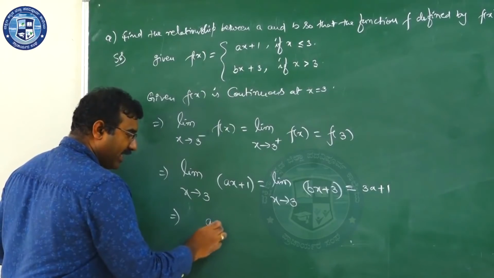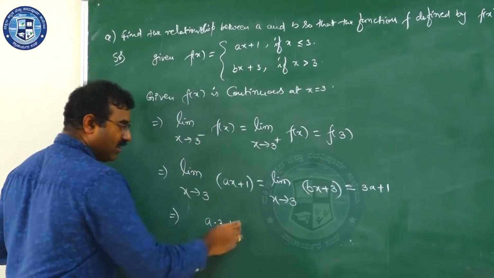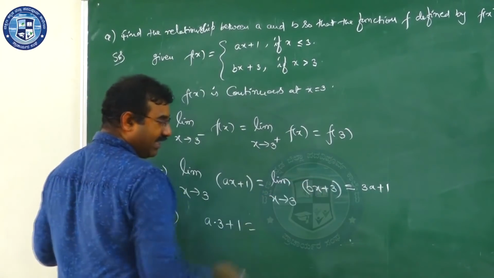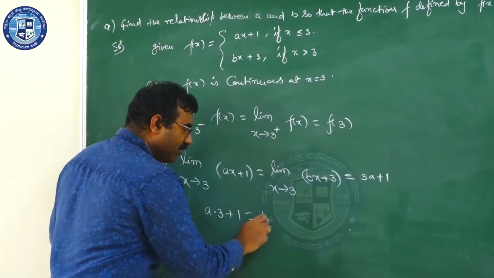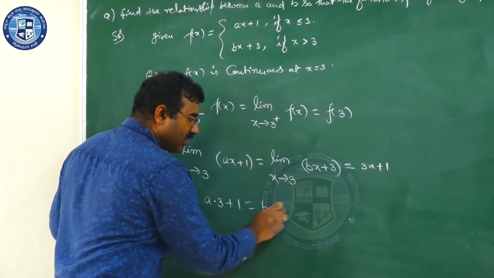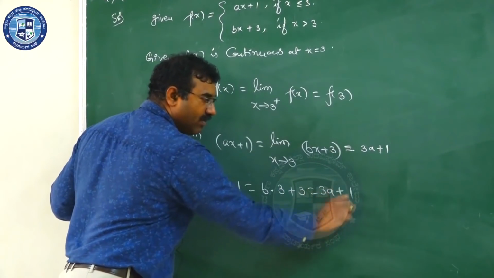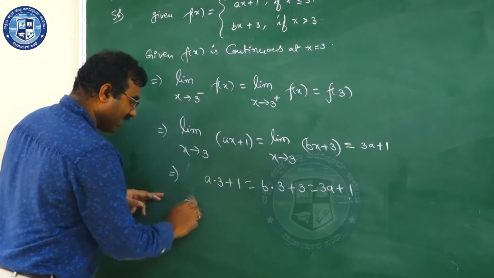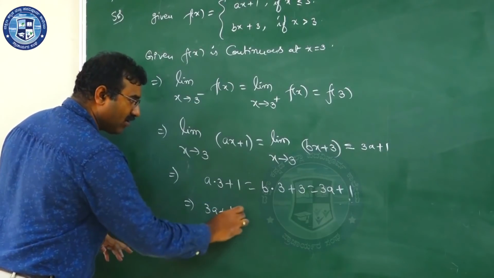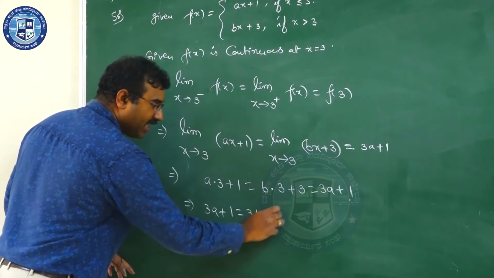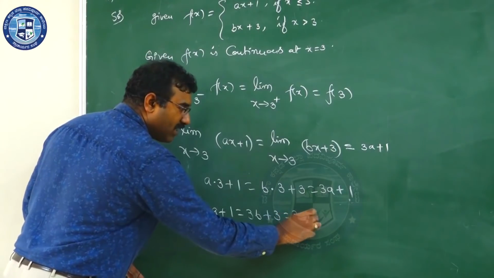So a into 3 plus 1 is equal to, here also it's a linear polynomial, b into 3 plus 3, is equal to 3a plus 1. So 3a plus 1 is equal to 3b plus 3 is equal to 3a plus 1.